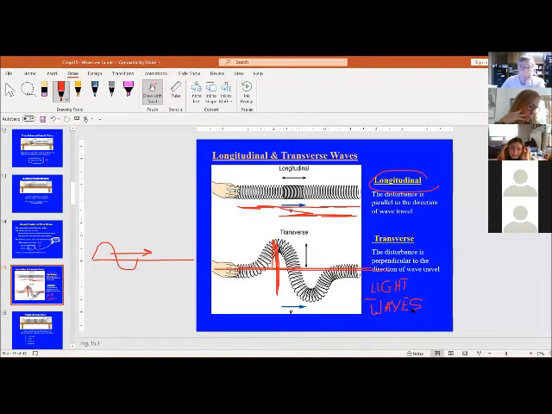Wait, why are light waves like that? I remember it, but I don't remember why light travels like that. Light is made up of two kinds of waves, an electric field wave and a magnetic field wave. Each of those is a transverse wave. They combine with each other to produce each other over and over again.